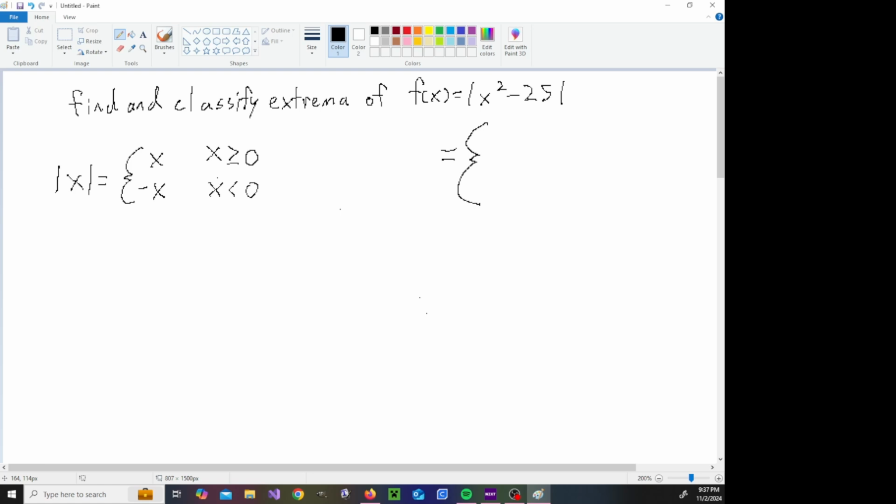So really, f of x is x squared minus 25 if that value, x squared minus 25, is greater than or equal to 0. But then we are going to multiply that by the negative sign, so we get negative x squared plus 25 whenever x squared minus 25, that thing we plug in, is less than 0.